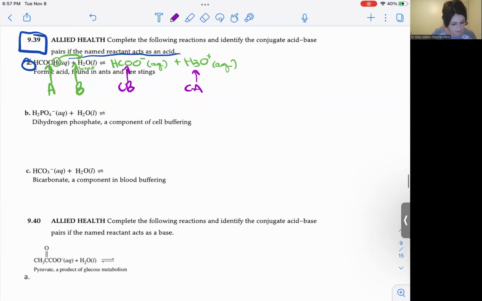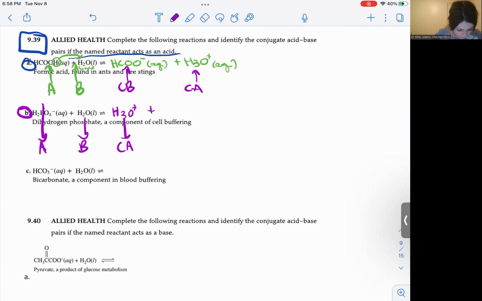Okay, so dihydrogen phosphate, right, in water. So what are we going to get? For one, we're assuming that this is the acid, this is the base. So we are going to have our hydronium ion for one. So that's going to be your conjugate acid.